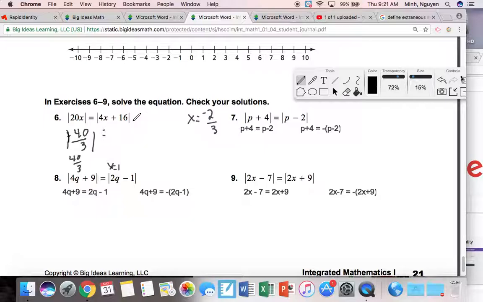Negative 2/3 times 4 is negative 8/3. 16 is 16 over 1, but to turn it into a fraction, I could multiply the numerator and denominator by 3 and say 48. Negative 8 plus 48 is going to be positive 40. We take the absolute value of it. And both of our answers are legit. Sweet.